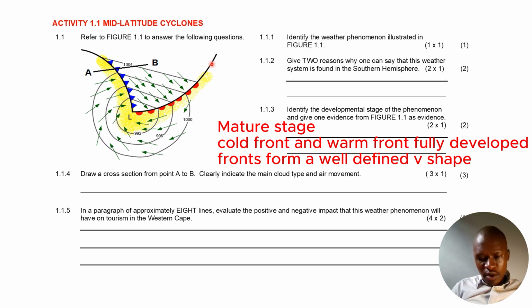It looks like a V. Number three, remember this area here is our warm sector and this part is our cold sector. Our warm sector and our cold sector are fully developed. That's how I know that it is in the mature stage.